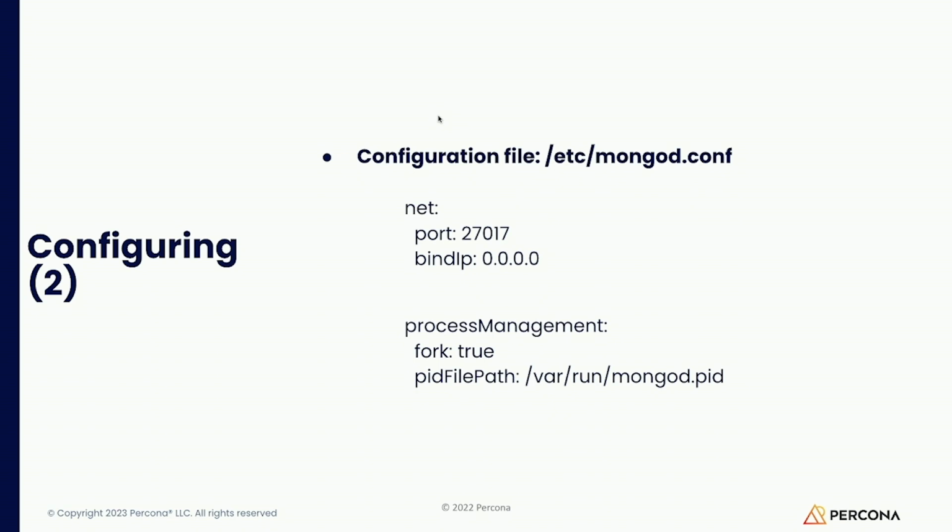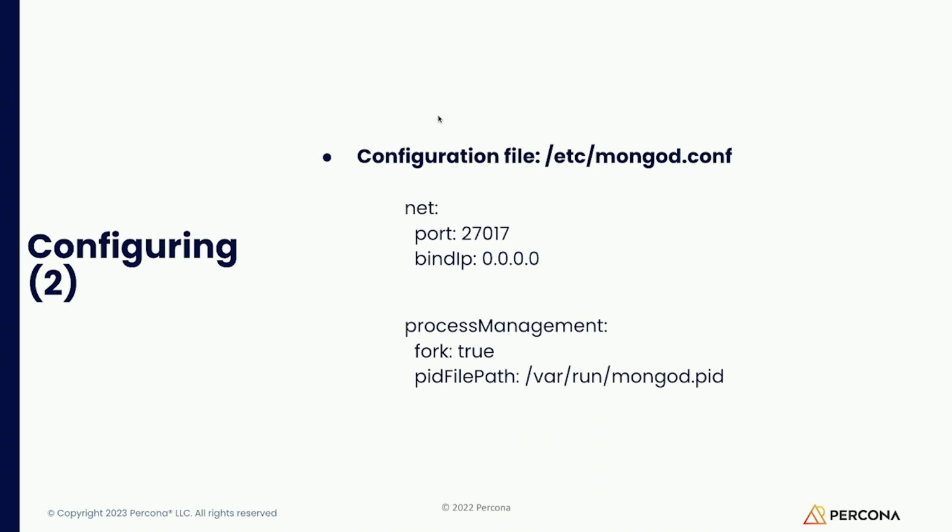A couple other sections from the configuration file. The networking part, by default, it's going to use port 27017, and it will bind only to localhost, okay? So it will not be reachable from outside your instance. If you want to modify this, which normally is what you do, you can say 0.0.0.0, and it will bind to every interface on the server.